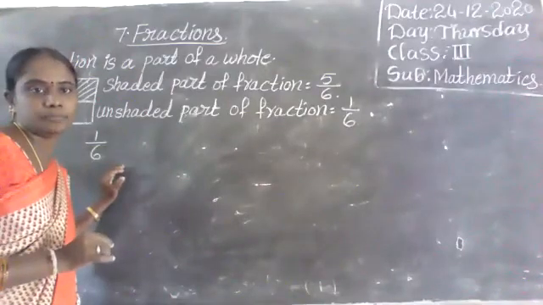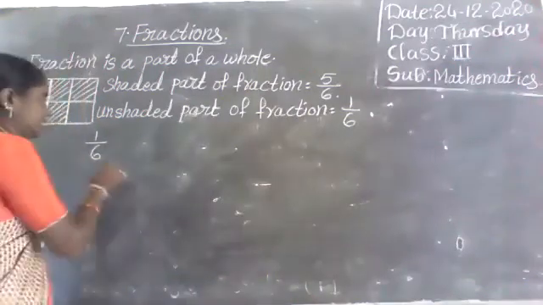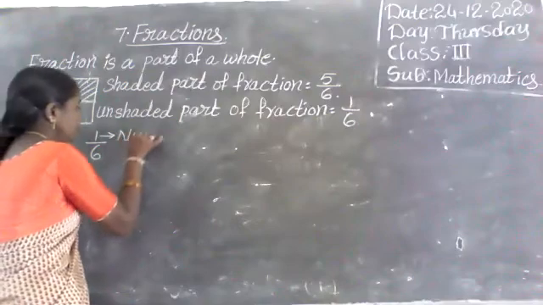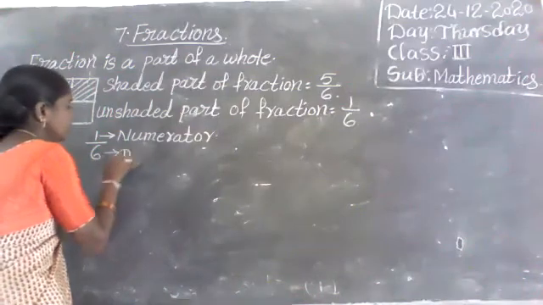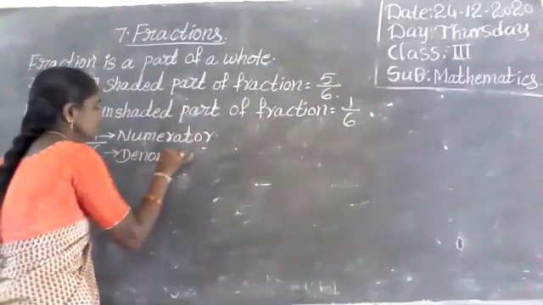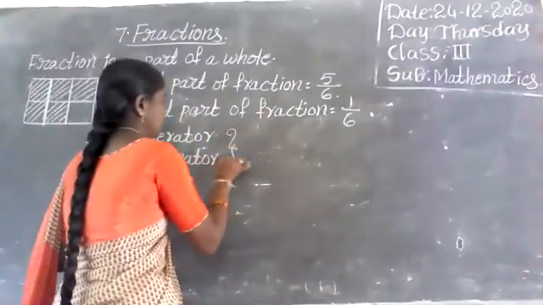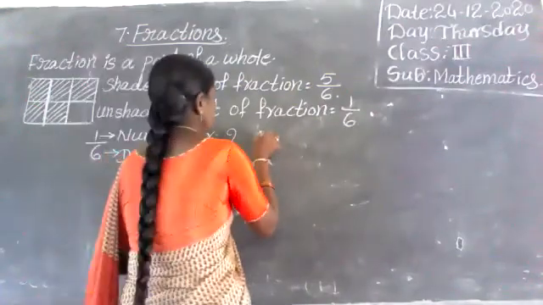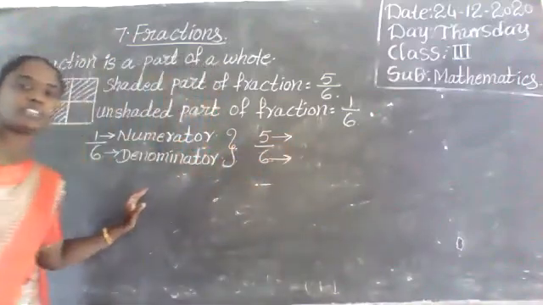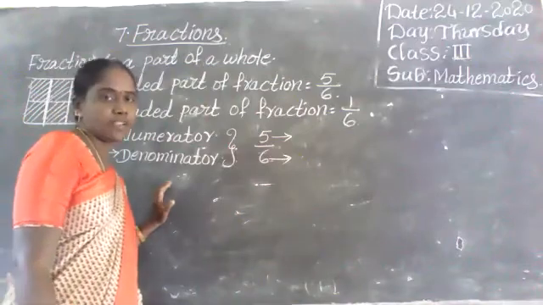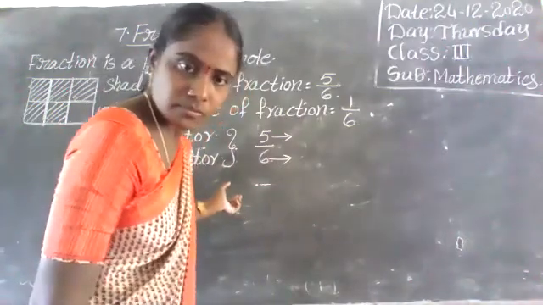What is the denominator? 1 is the numerator, 6 is the denominator. Next, in 5 by 6, what is the numerator? What is the denominator? Yes, 5 is the numerator, 6 is the denominator.